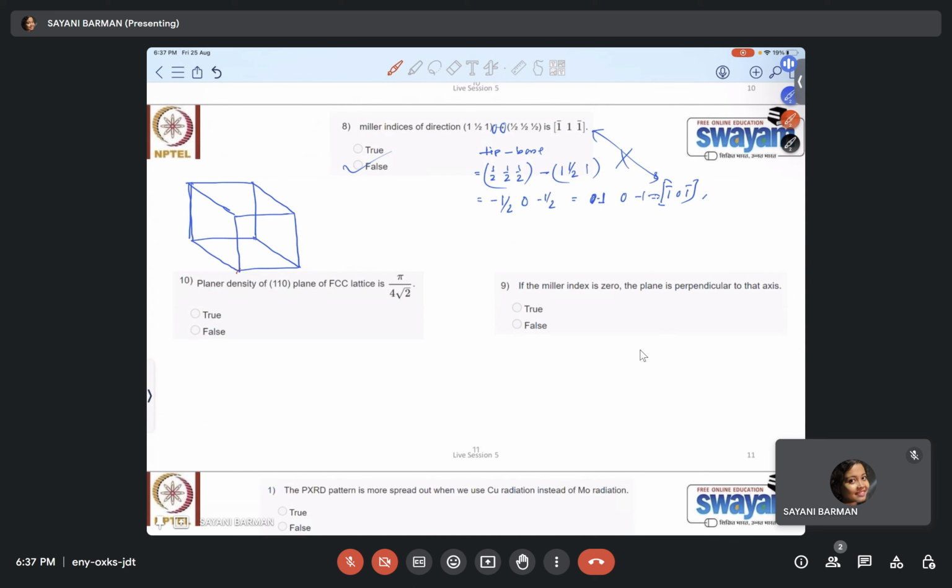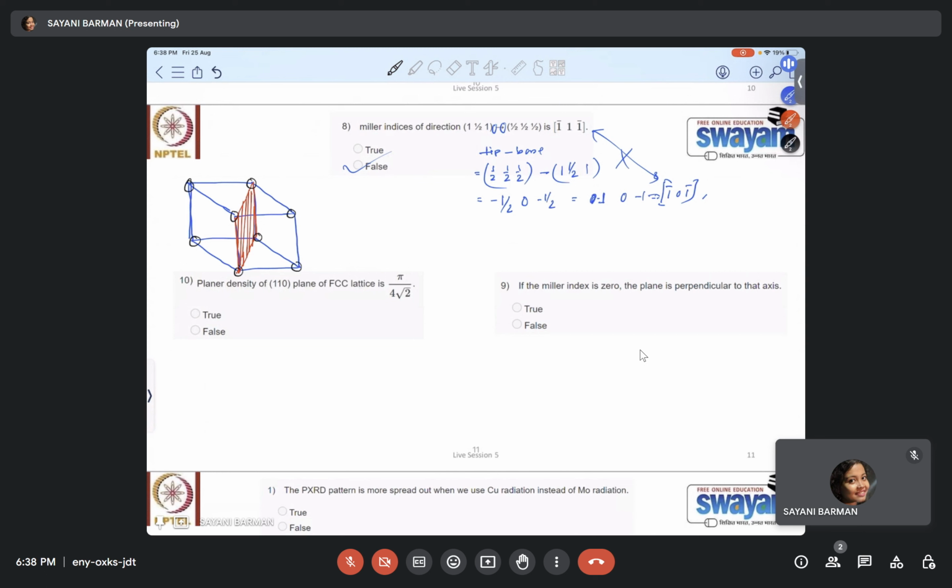This is 1, this is 1. So this much is the 110 plane, right? So in this plane, what are the atoms placed? Here, here, here, here, here, here, here, here.